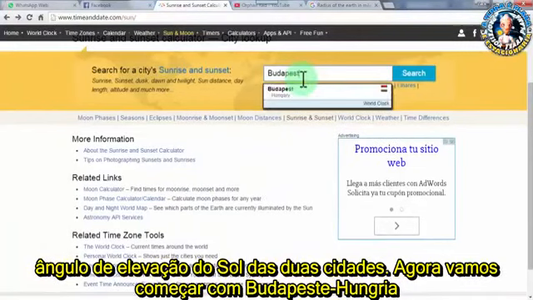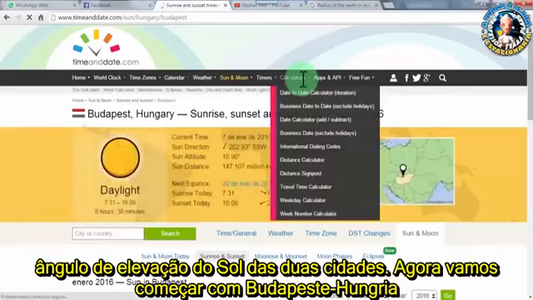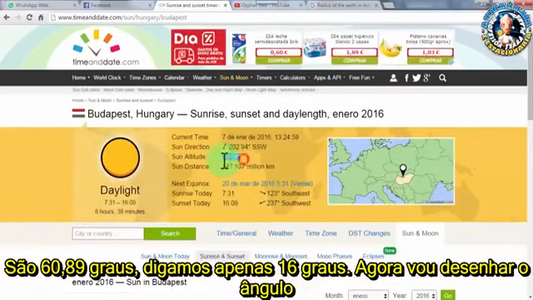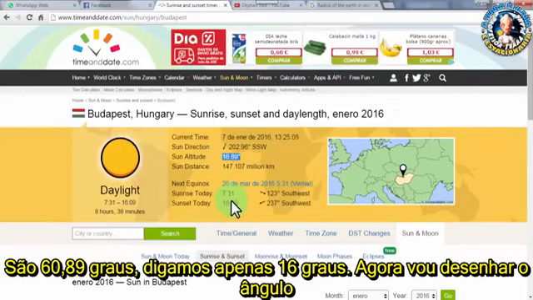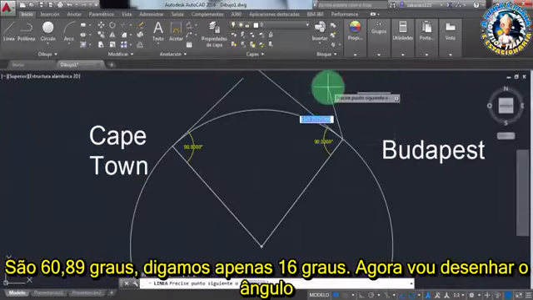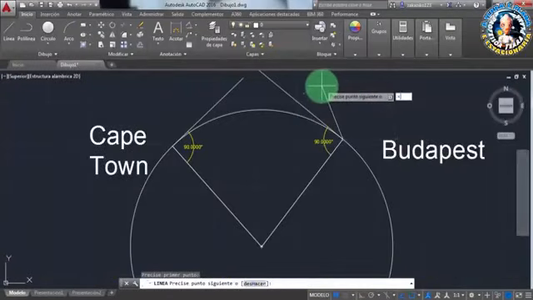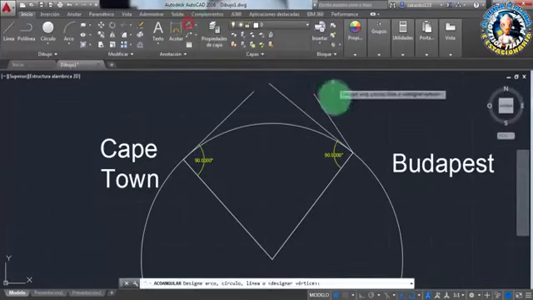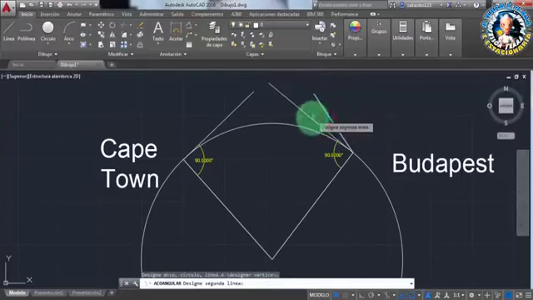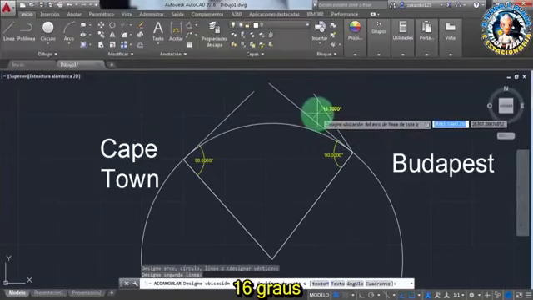Now let's start with Budapest, Hungary. It's 16.89 degrees. Let's just say 16 degrees. Now I'm going to draw the angle. There you go. 16 degrees.